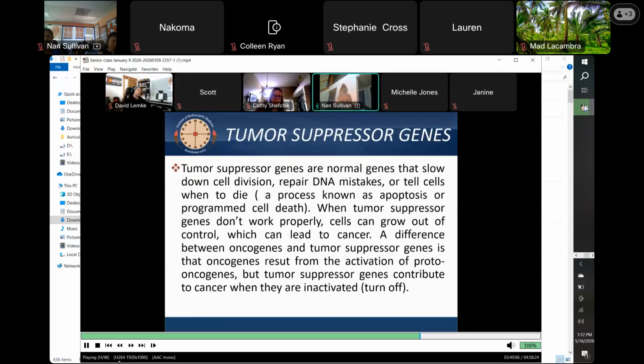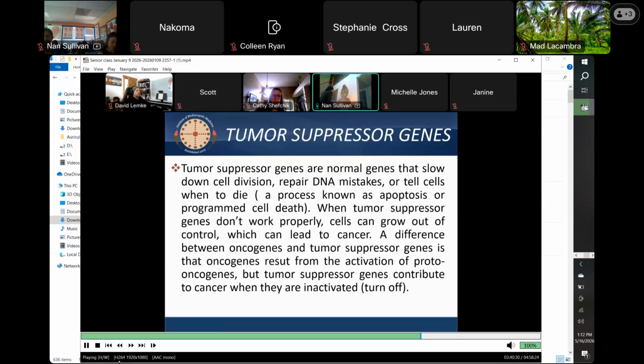Tumor suppressor genes are normal genes that slow down cell division. They repair DNA mistakes or tell cells when to die. I mentioned this earlier: that process is known as apoptosis, or programmed cell death.